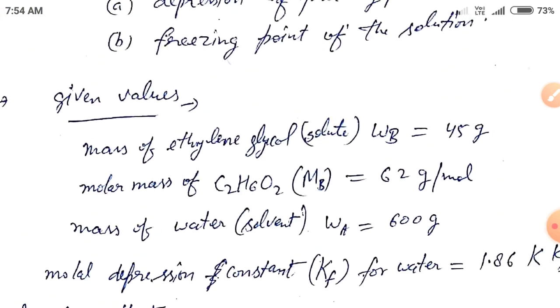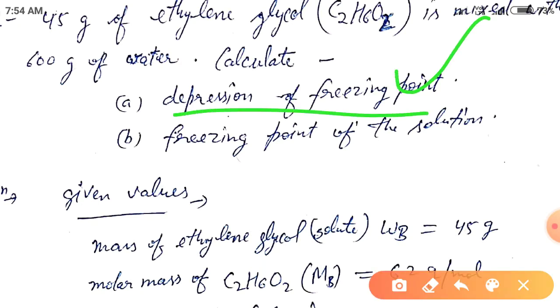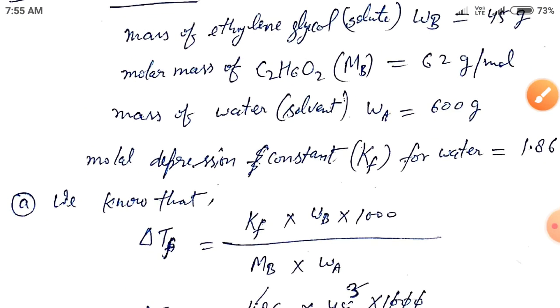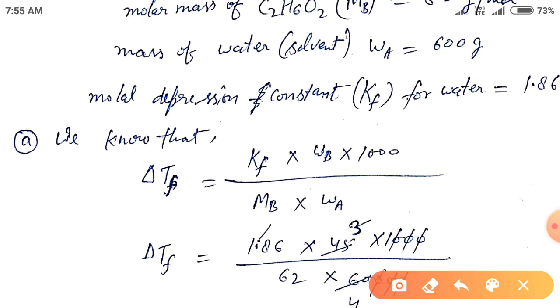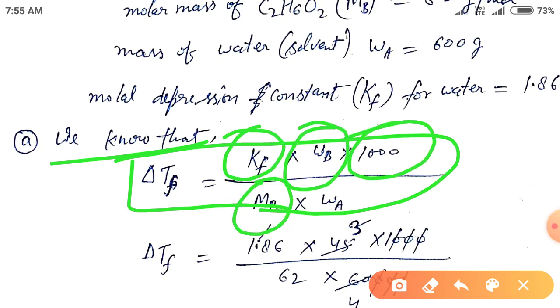Now the first question, first part, depression of freezing point, that is delta TF. How we can find it? We know that delta TF equals Kf WB into 1000 divided by MB into WA.